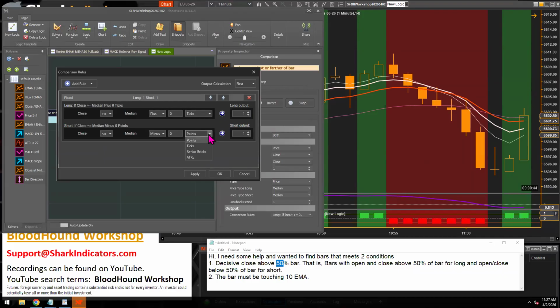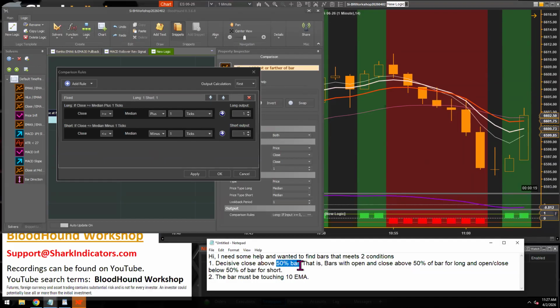Or you could switch your units to ticks and say, I need to be one tick above or one tick below the median or the midpoint there. So there's a couple of ways that you can slice and dice that. But you can't deviate too much more from this 50% without that custom indicator doing the math for you.